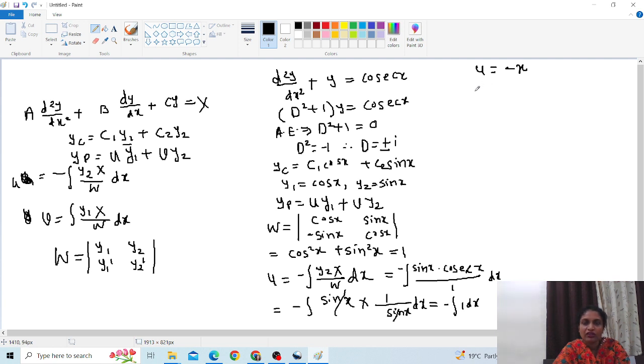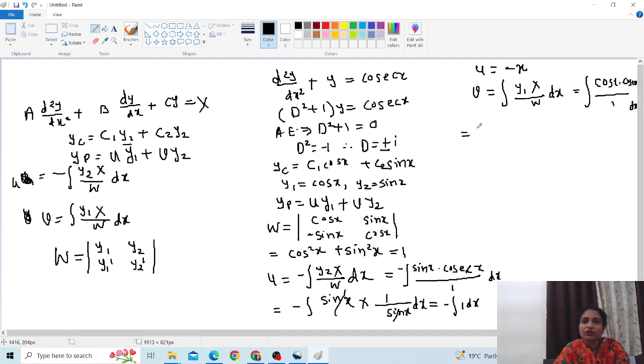Now once you get the value of u, let's find the value of v using the formula integration of y1 X upon w dx. So what is y1? y1 is here cos x, capital X cosec x, upon w is 1, into dx.